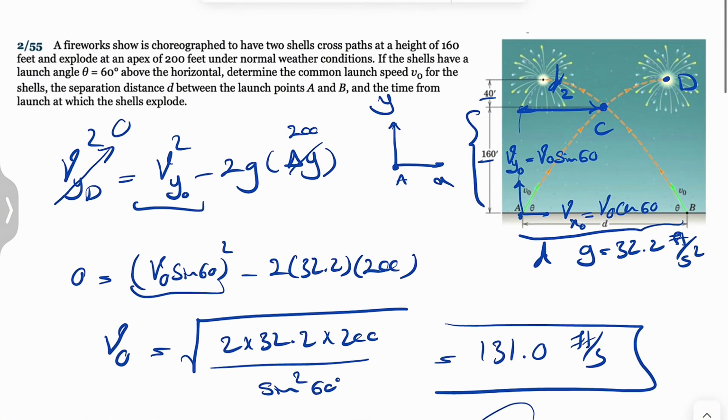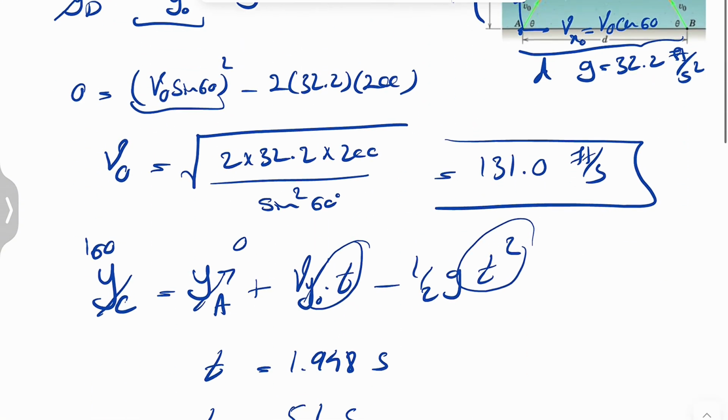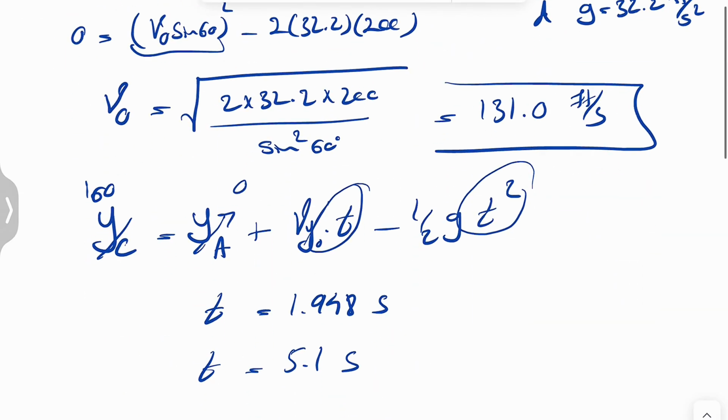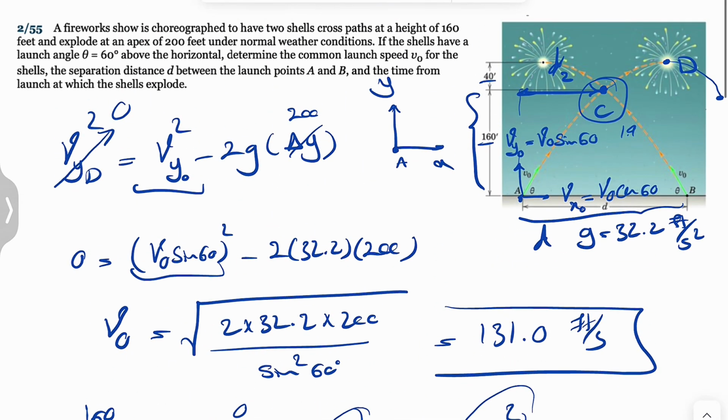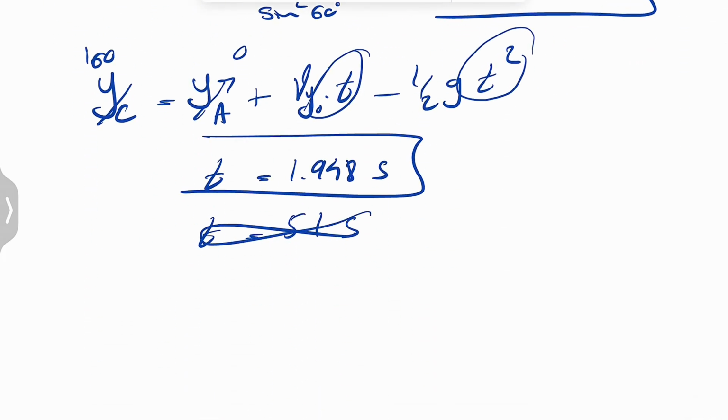Obviously, the shell gets to the apex, goes down, and reaches 160 feet again. The one that we care about is the shorter time, 1.9 seconds, and the 5.1 seconds is not what we care about here. We're going to go with this one.